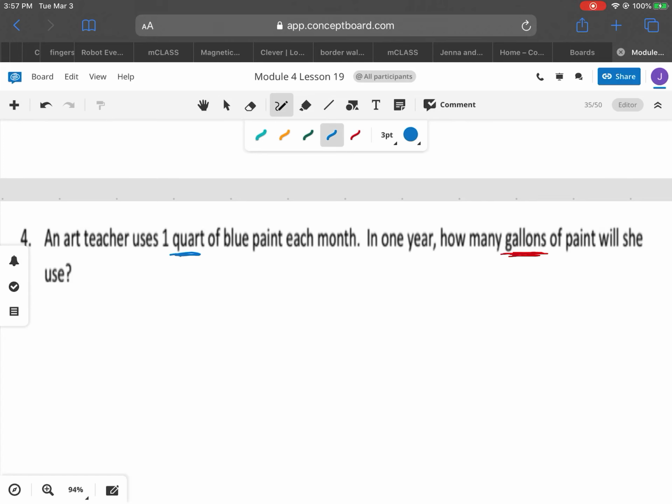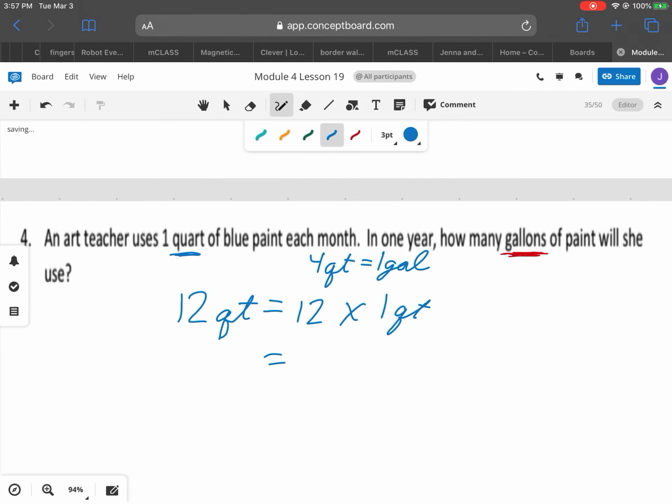All right, so we know that the teacher uses 12 quarts for a year. And so we're going to use the same thing, knowing that there's 4 quarts equals 1 gallon. All right? So we have 12 times 1 quart.